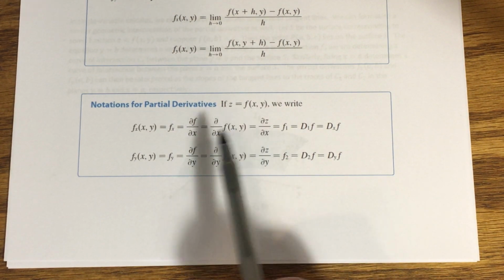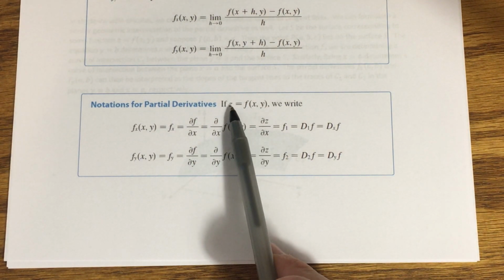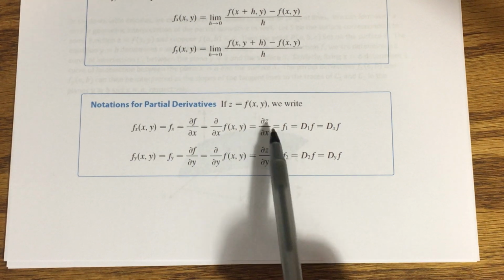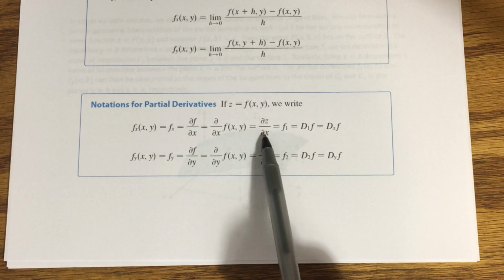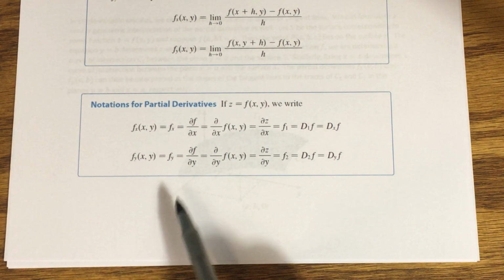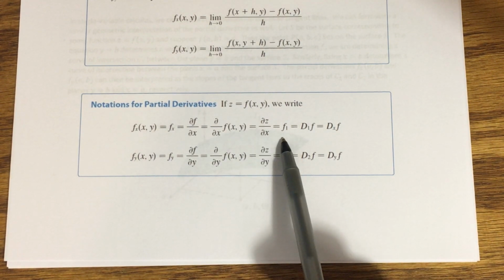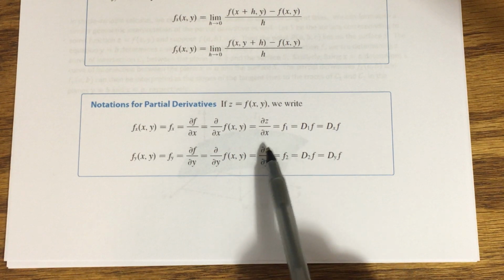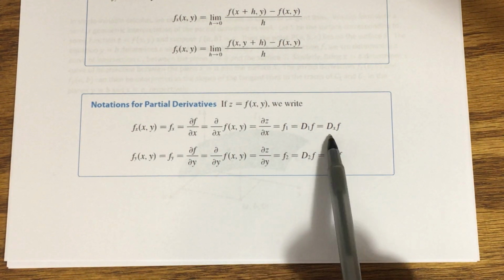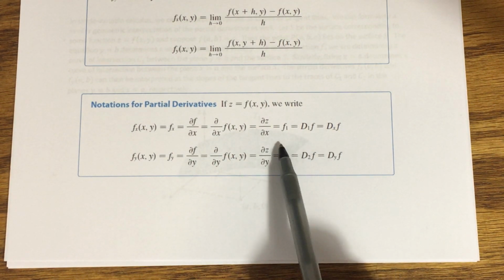Sometimes instead of an f, we'll have a z, specifically if we've specified that z is equal to that function f of (x, y). So you might see the partial of z with respect to x. That's typically how we read that, partial of z with respect to x. These three notations are a lot less common in this course. They show up in other applications.